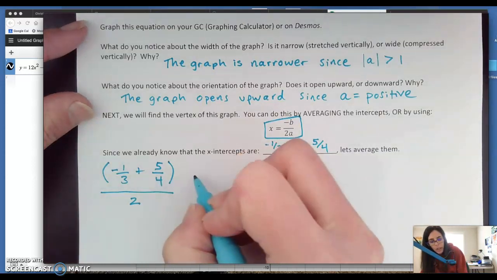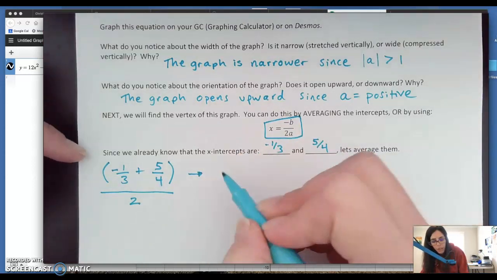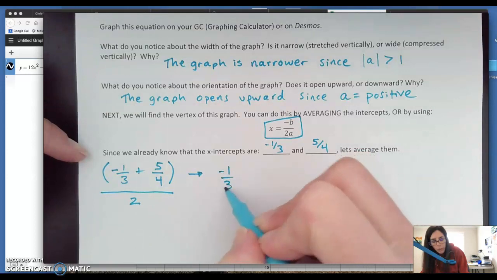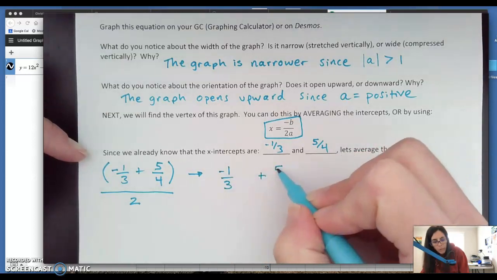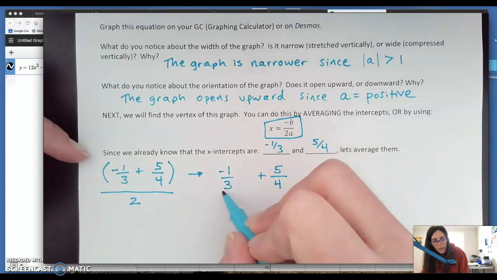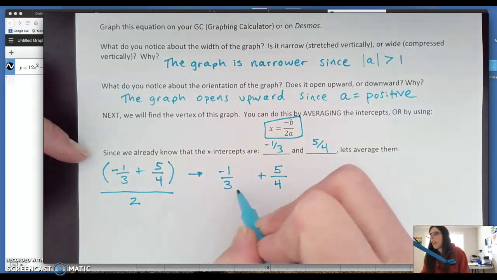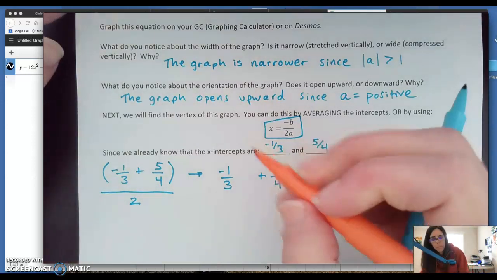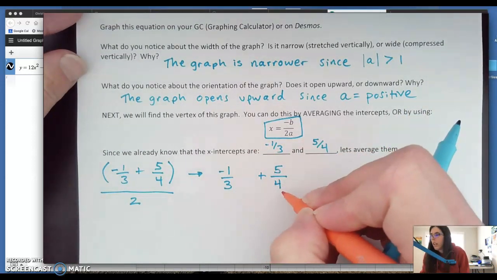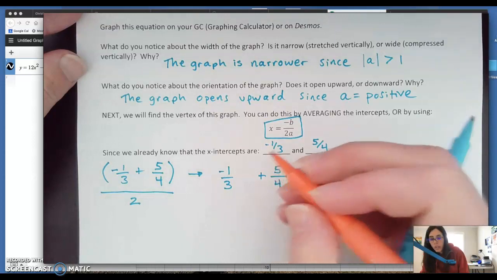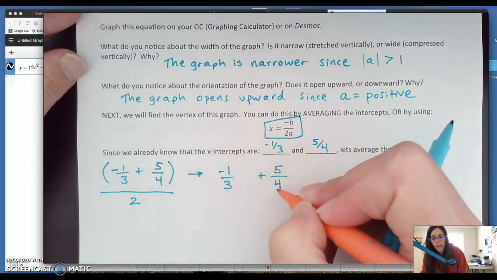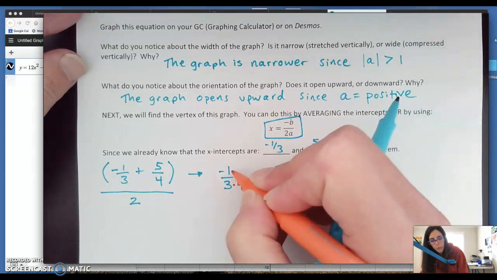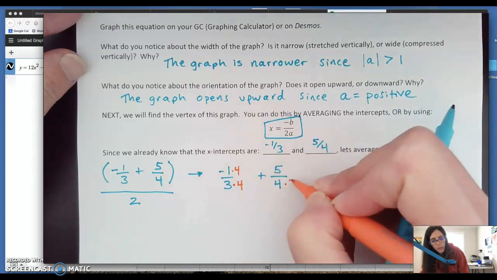So I'm just going to do that over there. So I'm going to go negative 1/3, leave a little space, and then plus 5 over 4. The spacing has to do with the fact that I need a common denominator. So I'm going to have to multiply them, and they'll have an LCD of 12. That's the first multiple they go into. So I'm going to multiply this one by 4s and this one by 3s.